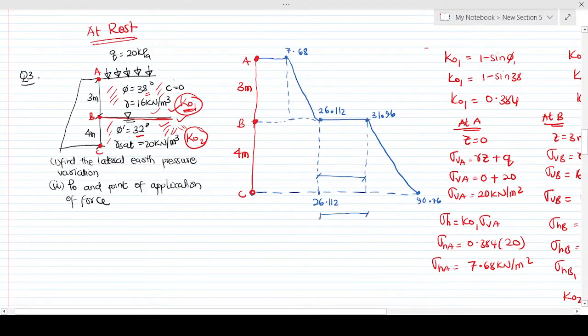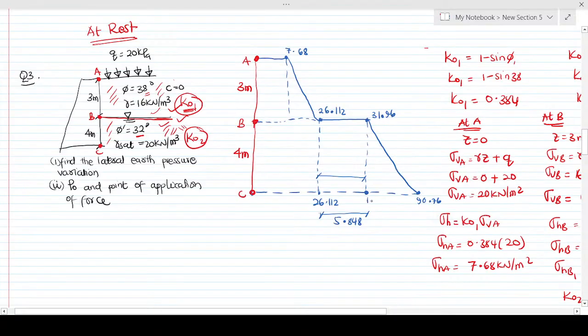So I just subtract this from that, and that will give me 5.848, right? Now from here to here is 31.96, but from here to here is 90.76.